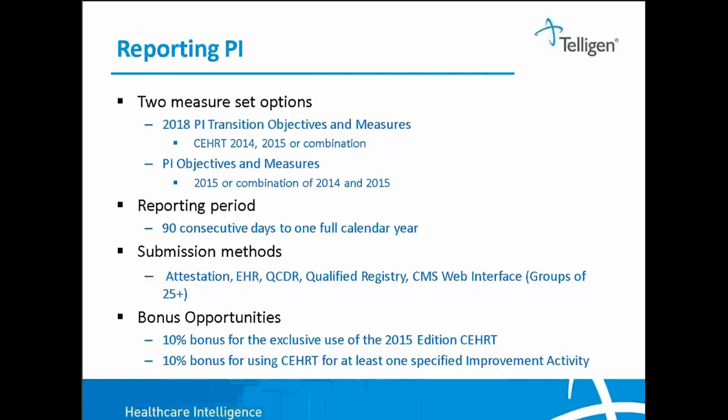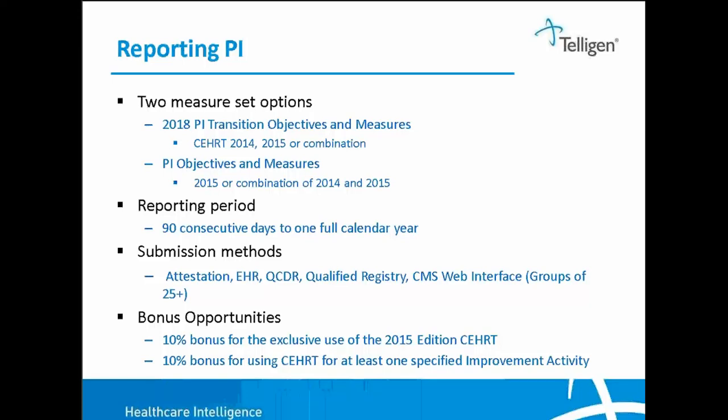So we have what are now called the 2018 PI transition option objectives and measures, and those are for folks using the 2014 version, 2015 version, or a combination. And then we have just the regular PI objectives and measures, and those are for folks using the 2015 or a combination of 2014 and 2015. The major specification sheets for 2018 are out there on the QPP website now, so you can look up each one of those.